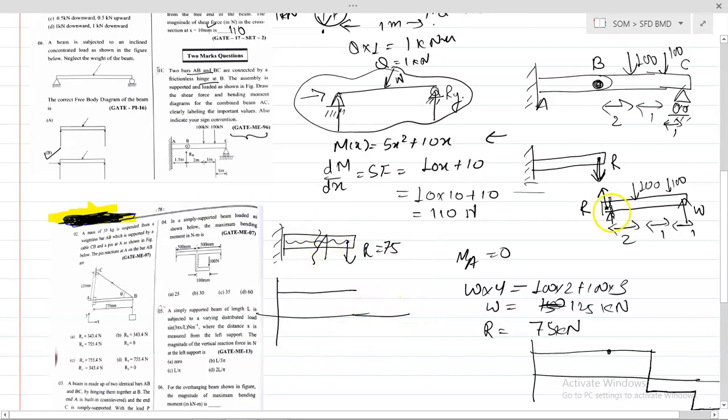After that no load is acting up to 100, so it is constant up to that point. When the 100 load is acting, take the elemental strip. This is 75, this is 100, so negative 25 will come. Again it is constant up to the next 100, and that 100 sums with minus 25, so it will be minus 125, and it is constant for the whole length. This is your shear force diagram for this section.